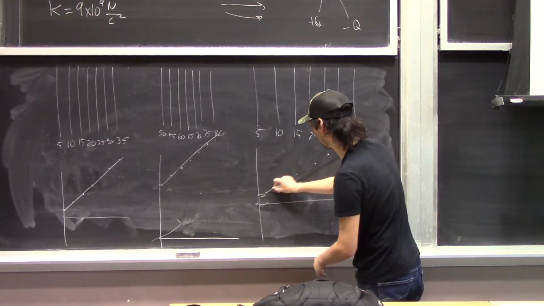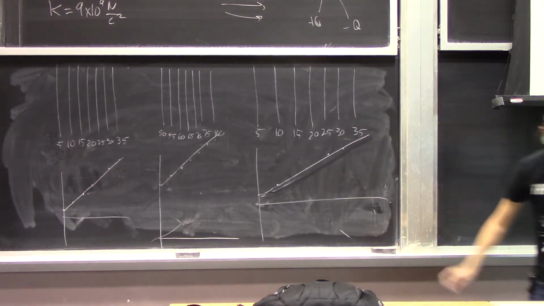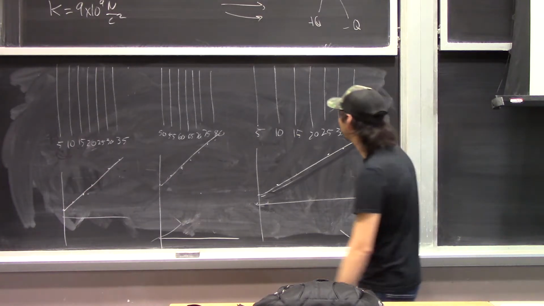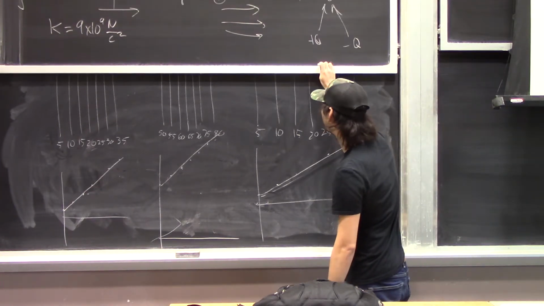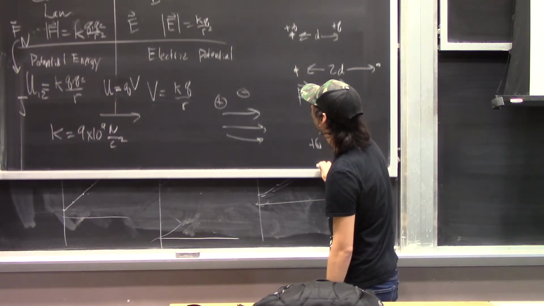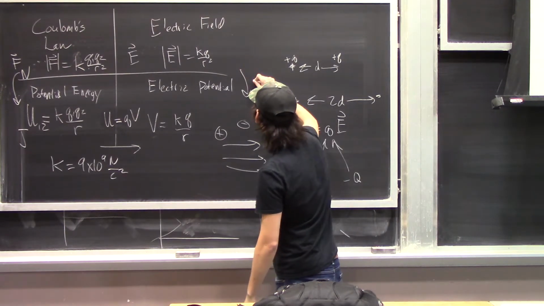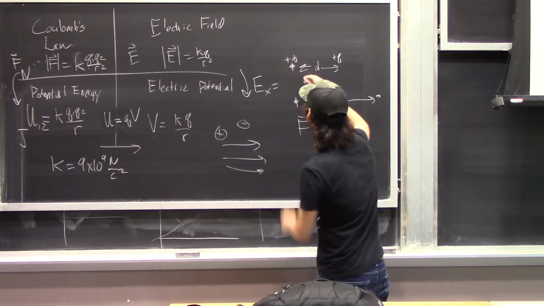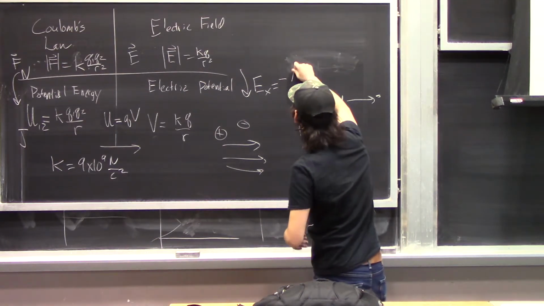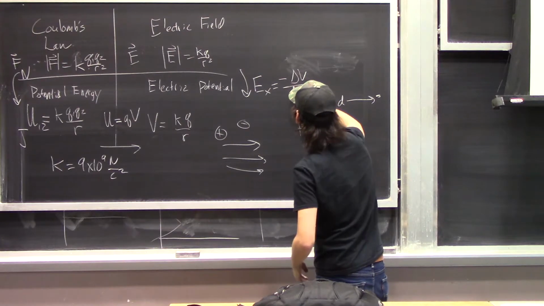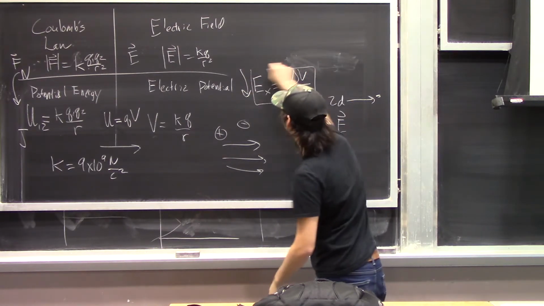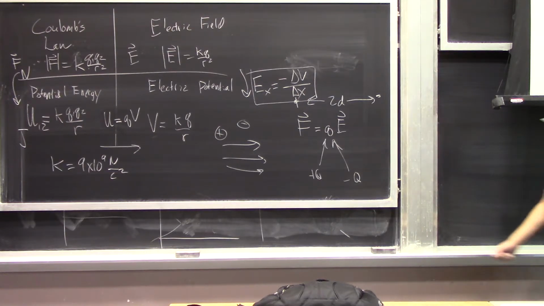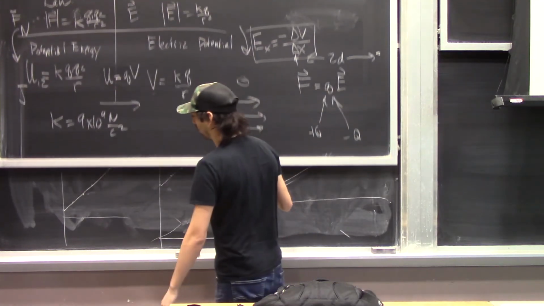Ultimately, the electric potential is related to the electric field by saying that the electric field pointing in some x direction is equal to the negative change in electric potential divided by the change in distance, okay? And this corresponds to the negative slope of this line that I have here.